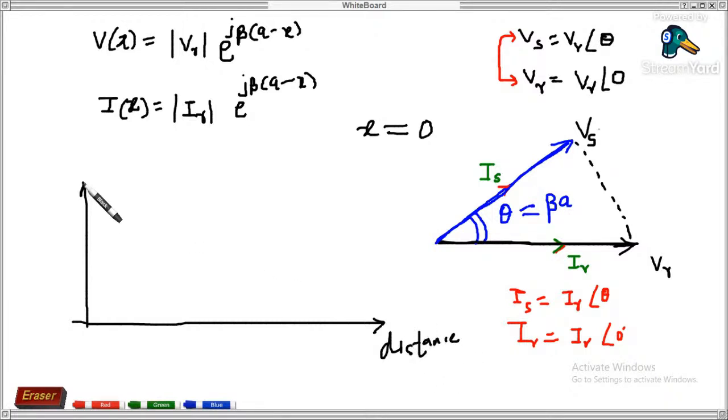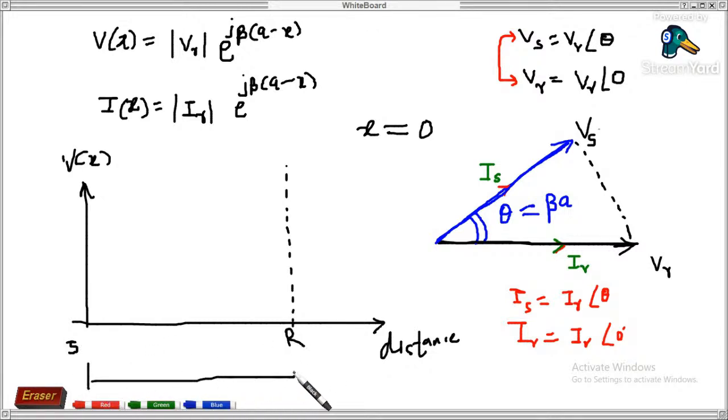Okay, first, if I want to draw the voltage profile, this will be the sending end side. Let's assume that here is the distance. This is the receiving end side. From sending end to receiving end, I have assumed that the distance is a mile.